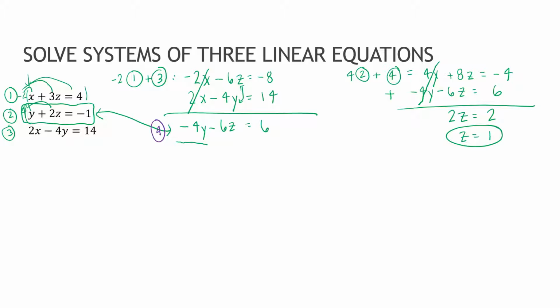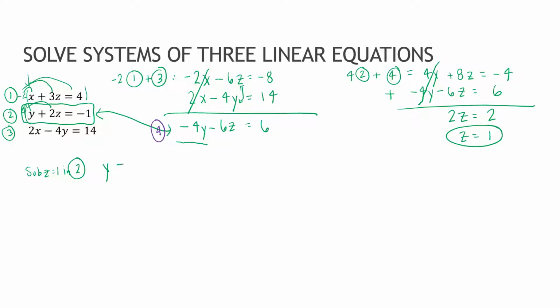It's really easy. So I'm going to sub z equals 1 into equation 4, because equation 4 already had x eliminated. You could have put it into equation 2 also, which might be a little bit easier. Actually, let's do that. Less work, the better, right? So I'm going to sub z equals 1 into equation 2.